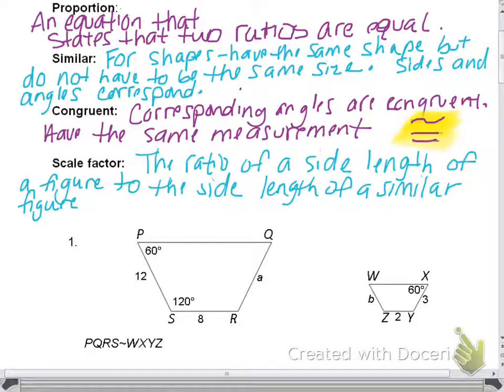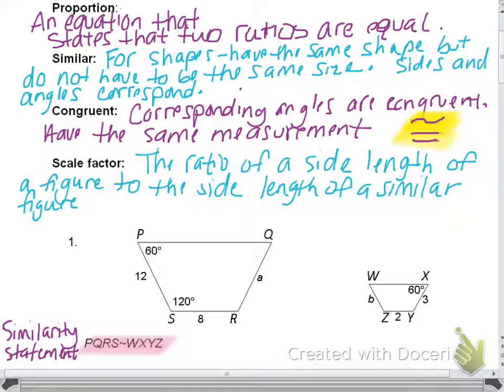Down at the bottom of the screen there is a similarity statement. PQRS is similar to WXYZ. So that's what we call a similarity statement. So if you want to write that in your notes as well, go ahead and do that. Similarity statement.